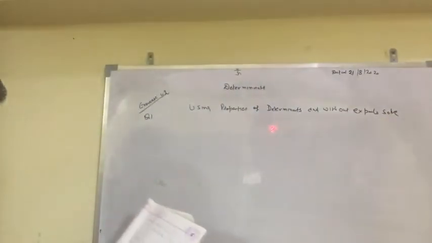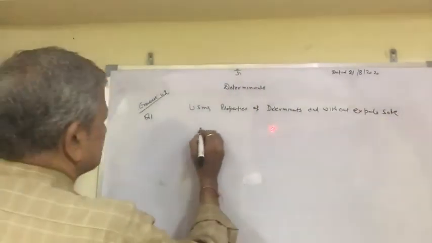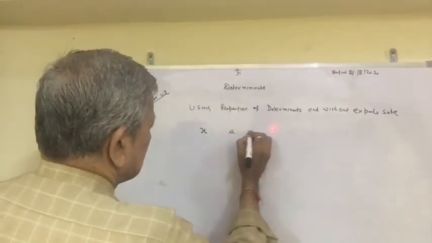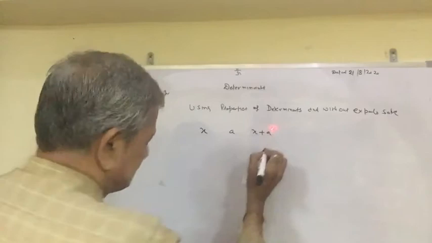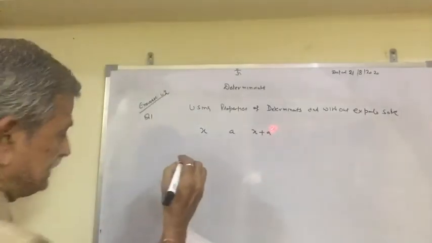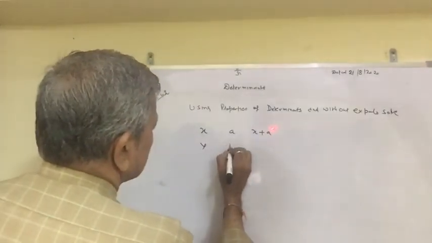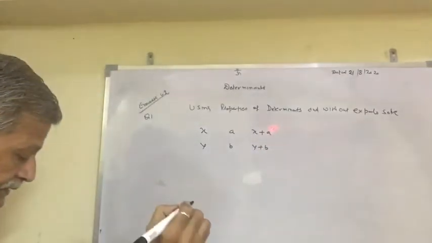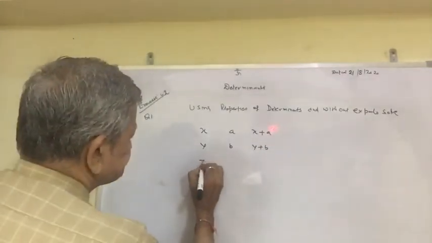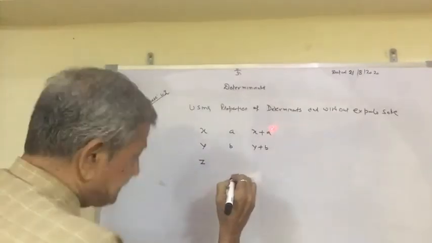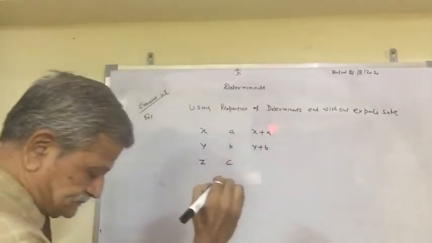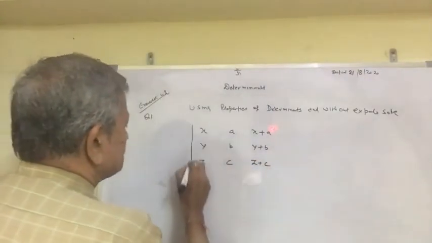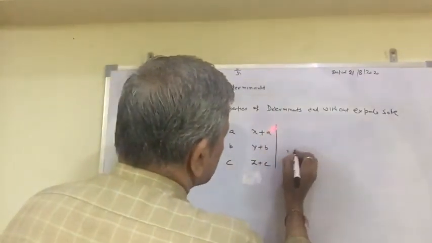Now this is the question: you have x, a, x plus a; y, b, y plus b; z, c, z plus c, and you have to show that this determinant is 0.